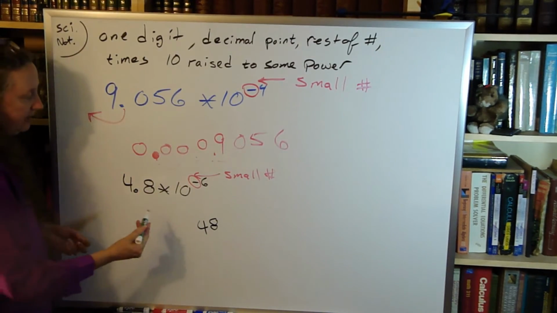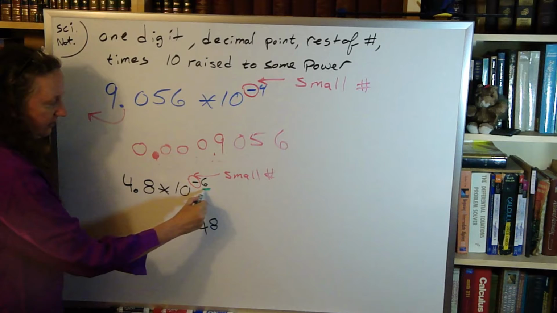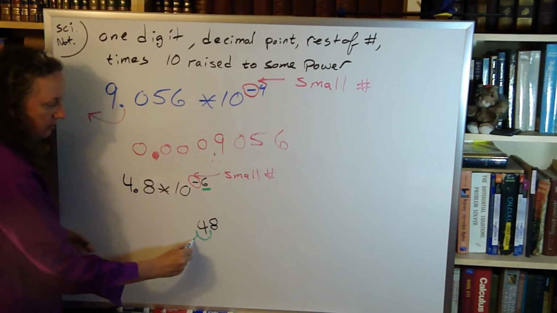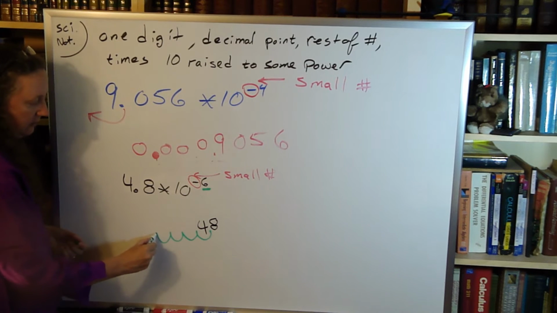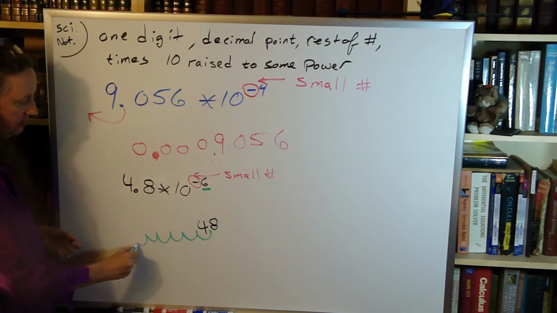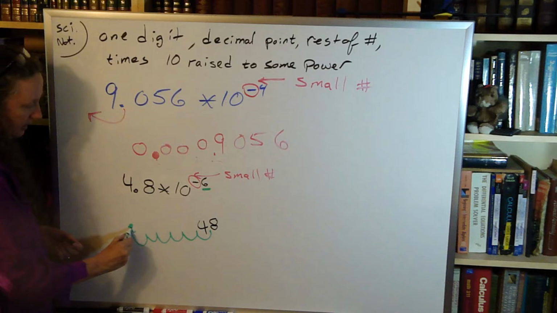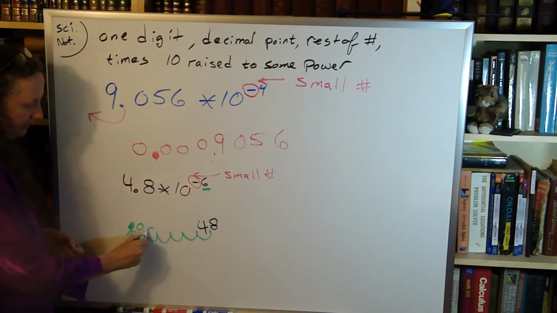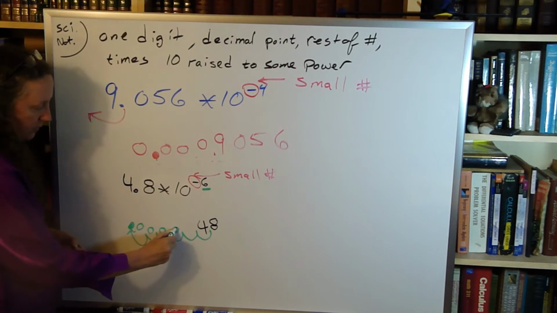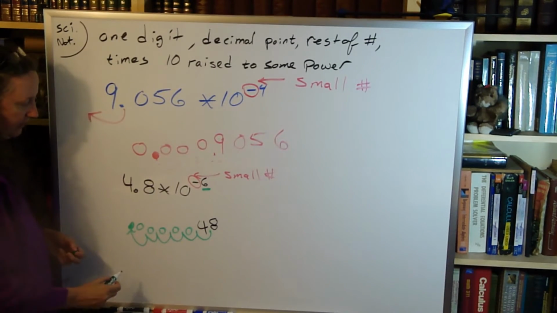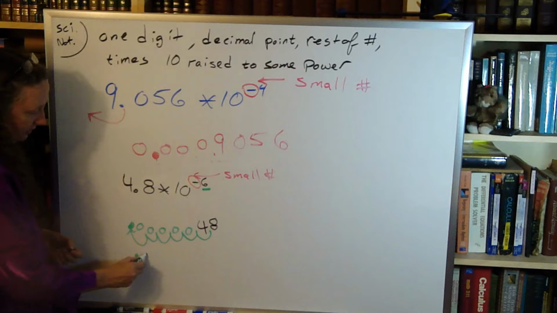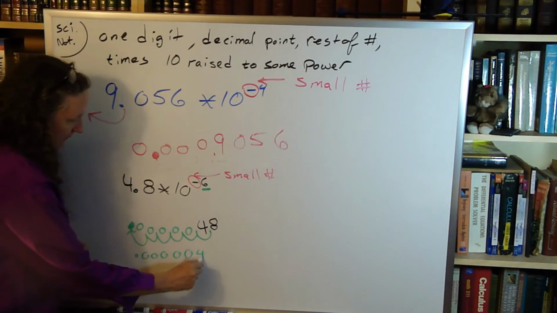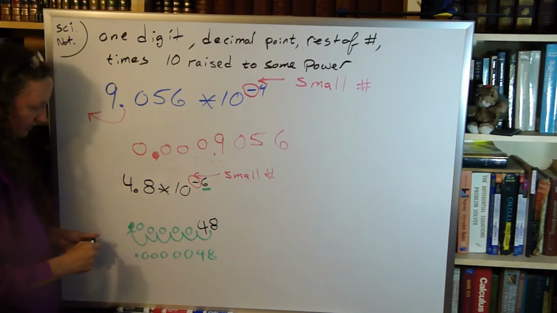I need to move my decimal point 6 places. So I'm starting from here. 1, 2, 3, 4, 5, 6. And there's where my new decimal point is. So I fill in my zeros for my placeholders, and there's my answer. So it's 0.000048.